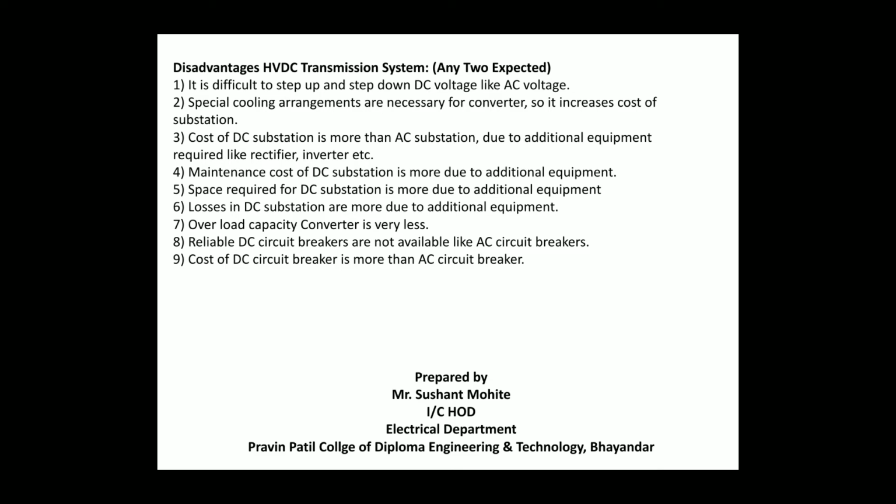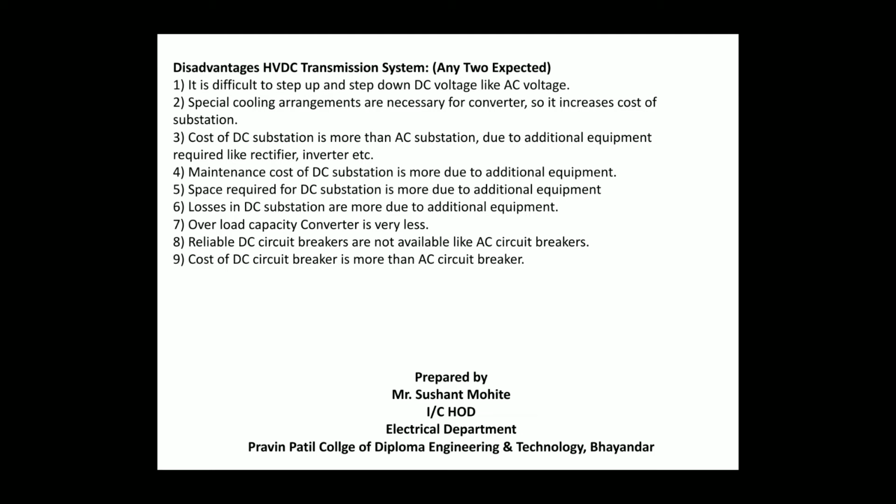Overload capacity of the converter is very less. Reliable DC circuit breakers are not available like AC circuit breakers. The cost of DC circuit breakers is more than AC circuit breakers.